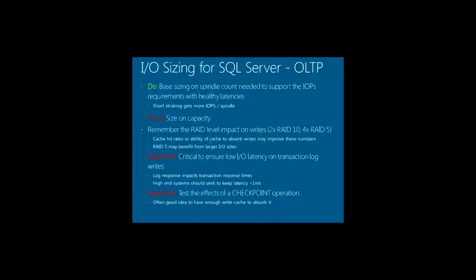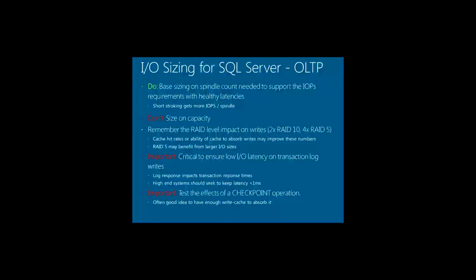Some do's and don'ts for OLTP systems: size based on spindle count. An individual spindle or disk will be able to deliver some number of IOs per second, and it can vary widely depending on the class of storage, whether it's a SATA drive or an SSD, hugely different numbers.